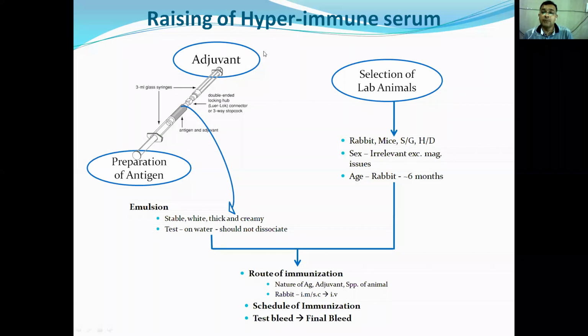But hyper means those target antibodies must be present in very large amount, sufficiently large so that we can go for isolation of that antibody, and we can utilize that antibody either for therapeutic aspects or for development of some diagnostic test.